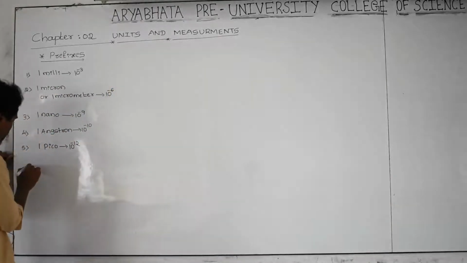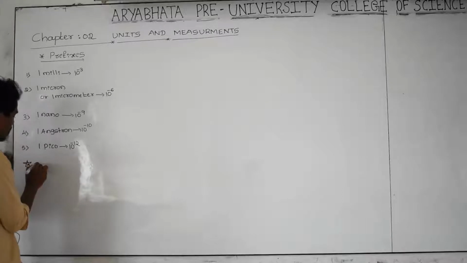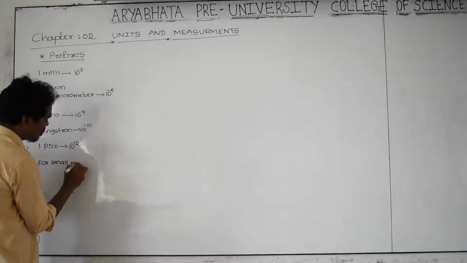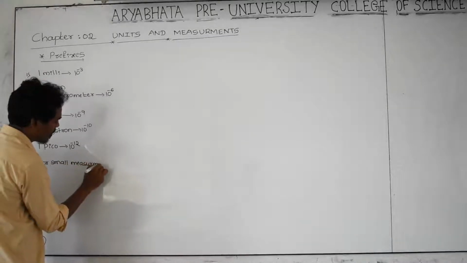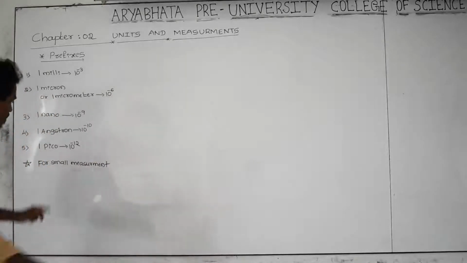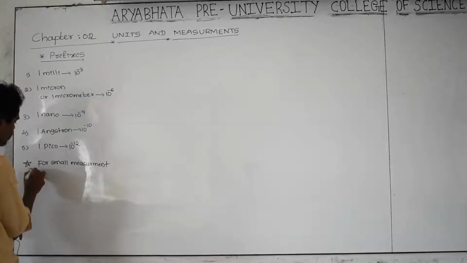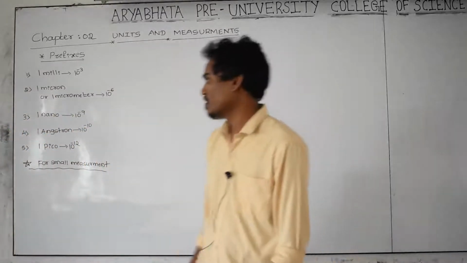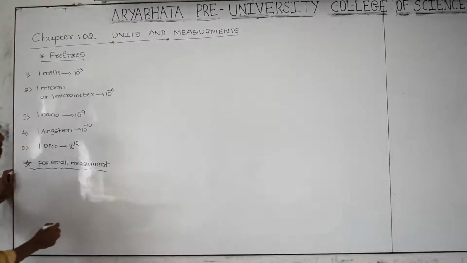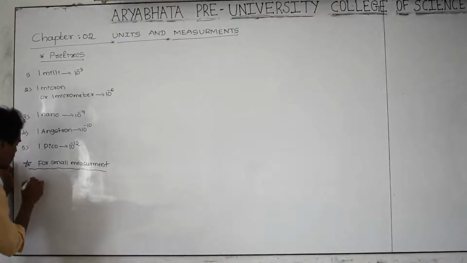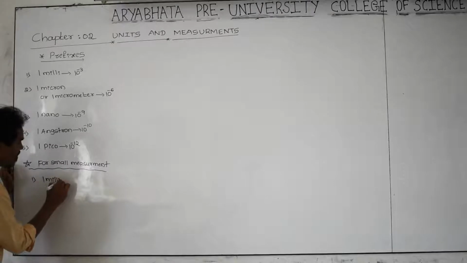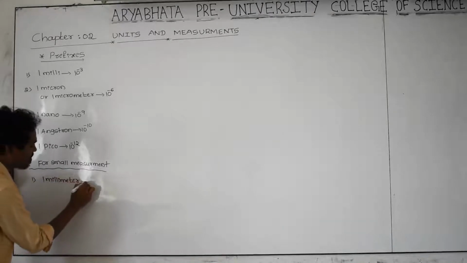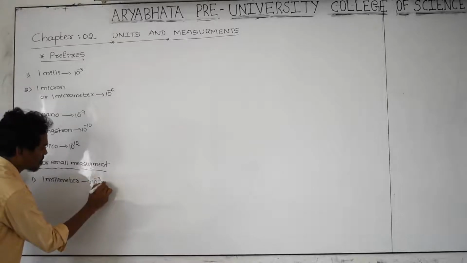Now some units we are going to use for small measurements. The first one is the millimeter. 1 millimeter is equal to 10 to the power of minus 3 meter.